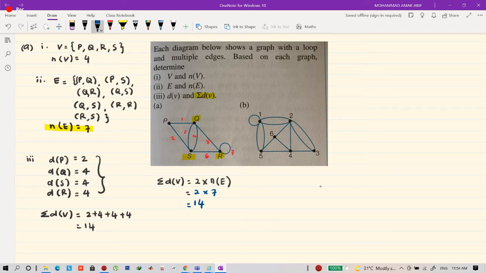And the other thing is, your answer for degree or summation of degree of vertices is always even, always genap, takkan dapat nombor ganjilnya. To confirm. So the answer is the same, 14 and 14. Ya, awak boleh buat cara manual ni ataupun boleh guna formula. So this is formula yang you can use it.